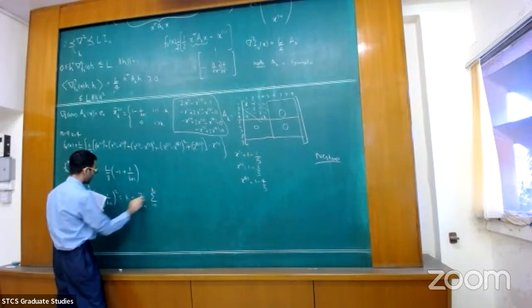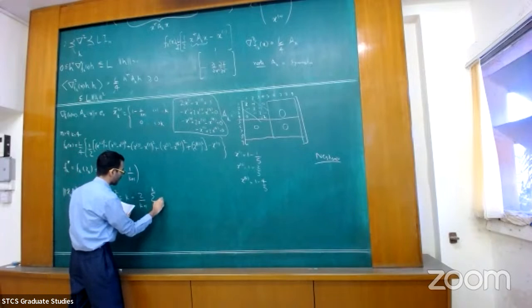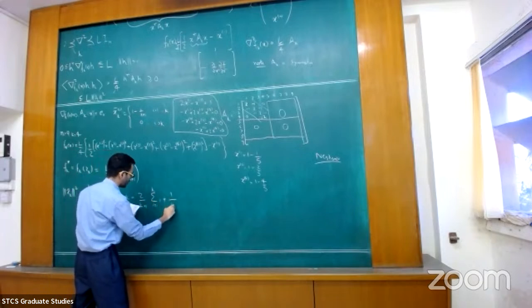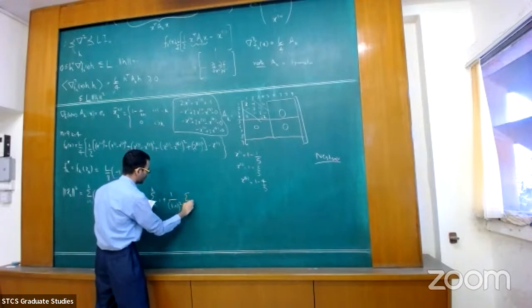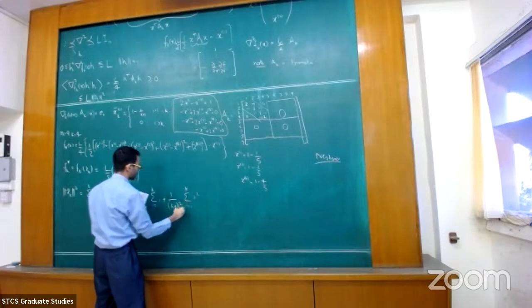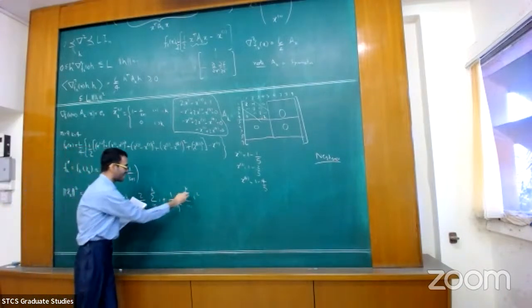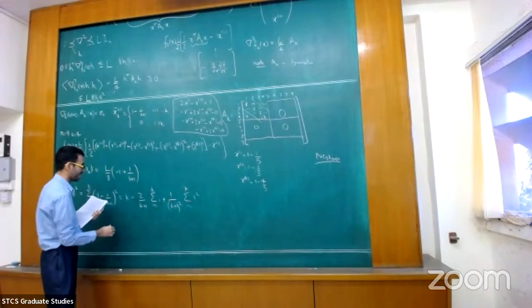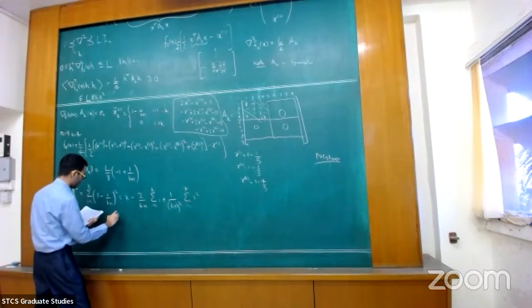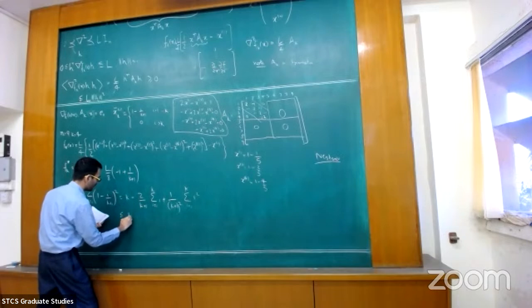So you get k times the sum of i squared, and now you can use your high school tricks.